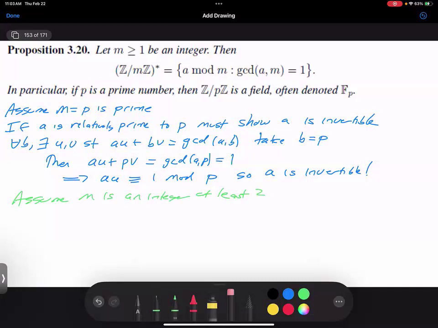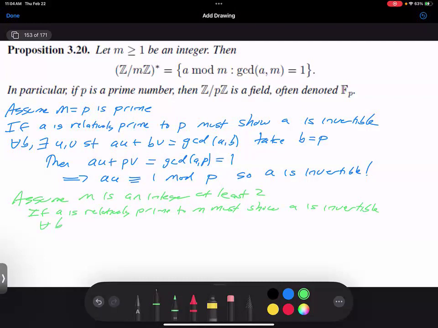I'm not going to really concern myself with studying Z mod 1Z star. That's just the trivial element. So now, if A is relatively prime to M, we must show A is invertible.